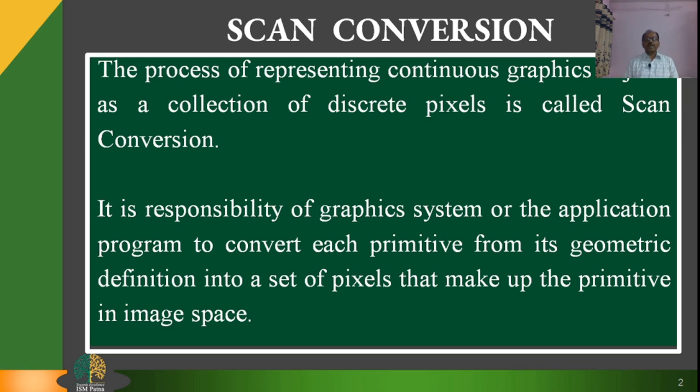Now you may be wondering what these primitives are. As you know, some basic figures like line, triangle, circle, parallelogram are termed as primitives in graphics. In the case of a line, a pixel may have a floating value like 2.7 as the x coordinate and 5 as the y coordinate, which will not be considered by the system.